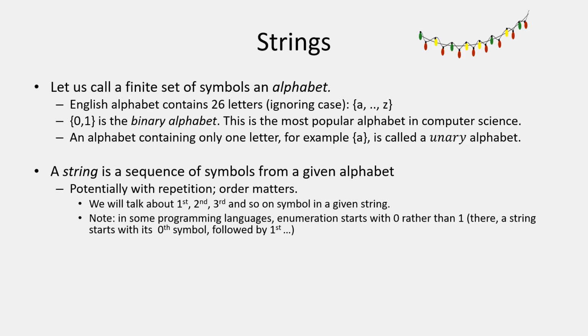So here is where the big difference with the set comes in. Now we are not talking about things that are there or things that are not there. We are talking about the first symbol of a string is this letter. The second letter is maybe something else or maybe the same thing.